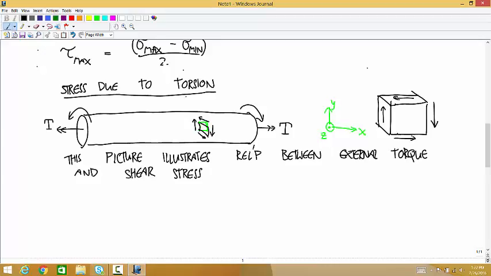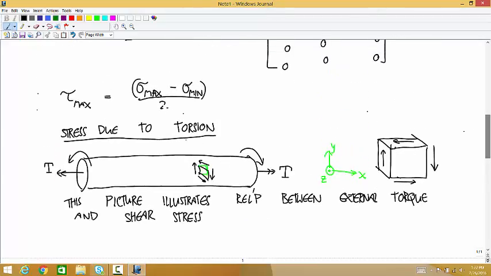And this obscured face over here is the X face. Okay, so this stress due to torque is an XY stress, right?